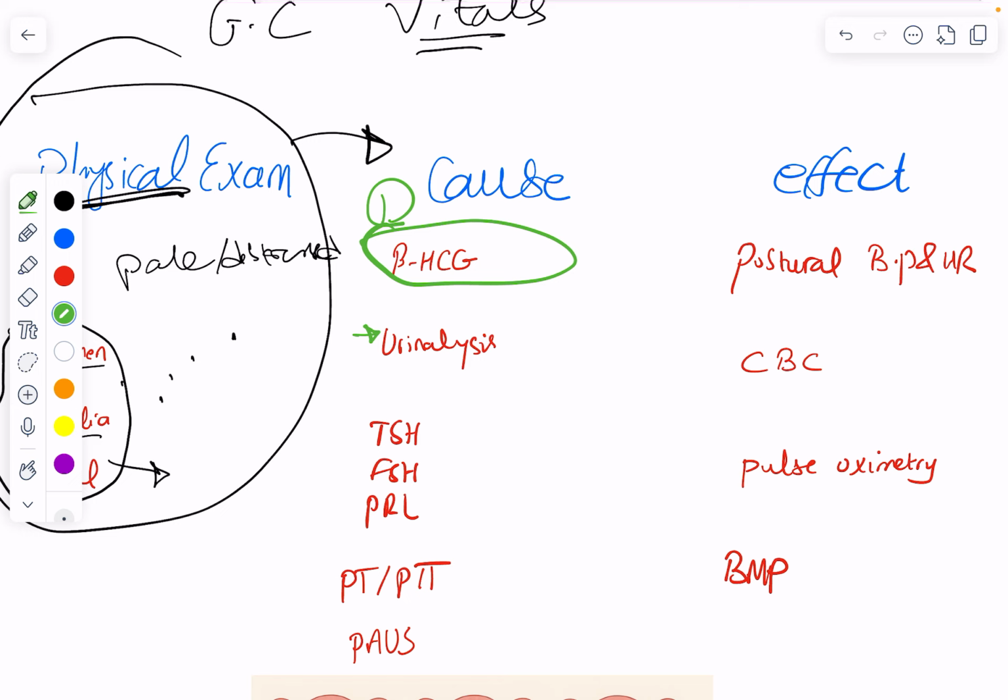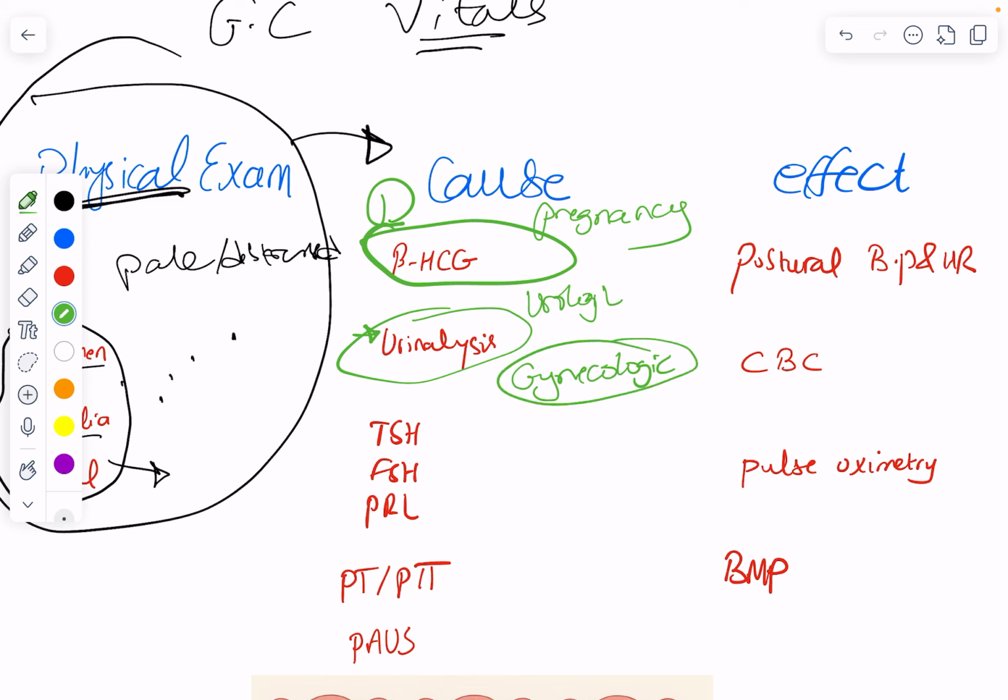So you also need to rule out UTI as a possible cause. So pregnancy and its complications could be obstetric, right? Could be urologic, so you want to do a urinalysis, and it could be gynecologic, and that is a lot. You got a lot of causes of abnormal uterine bleeding that's gynecologic, whether hormonal or structural.